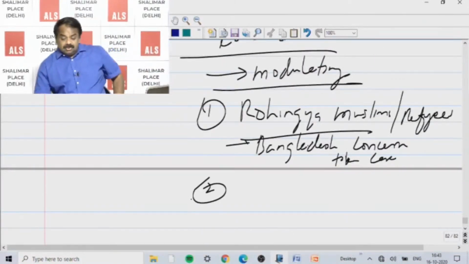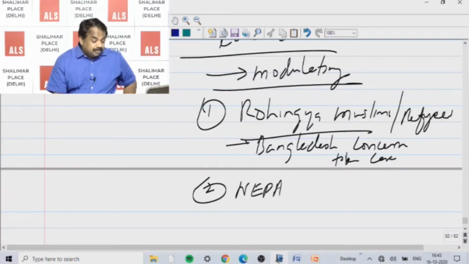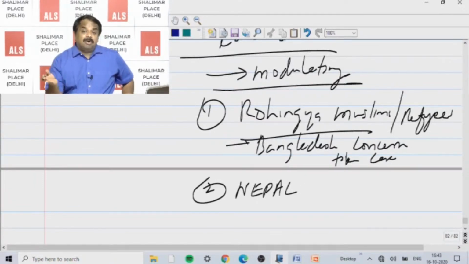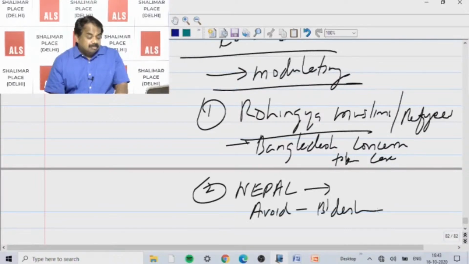Number two, after the lessons from Nepal, the boundary issue and all, India is not interested, or India wants to avoid Bangladesh falling into the hands of China, into the lap of China.